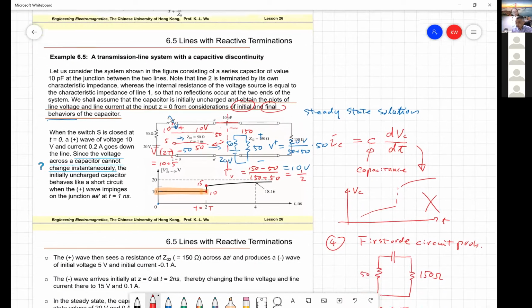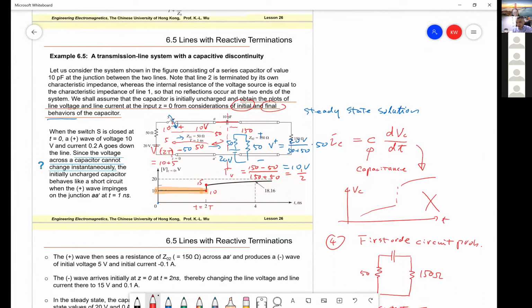Now we need to predict what happens, and also at infinity. Do we know the voltage at infinity? Once the switch is on, you have some transient voltage.